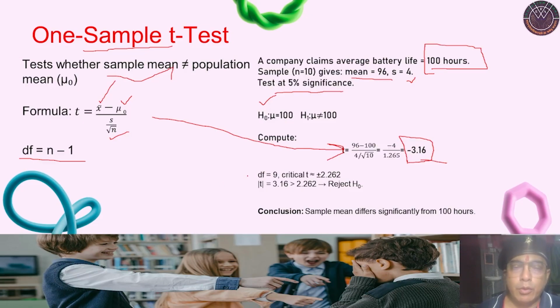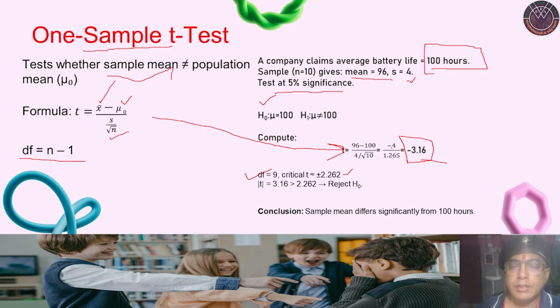Now if you follow the table value at degrees of freedom 9, because n is 10 here and n minus 1 is 9, the critical t value from the table is 2.262. So this value is quite higher than 2.262. So you have to reject the null hypothesis that battery average life is 100 hours, because it is significantly different.